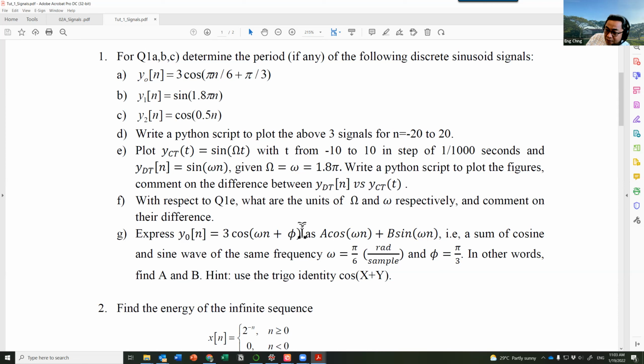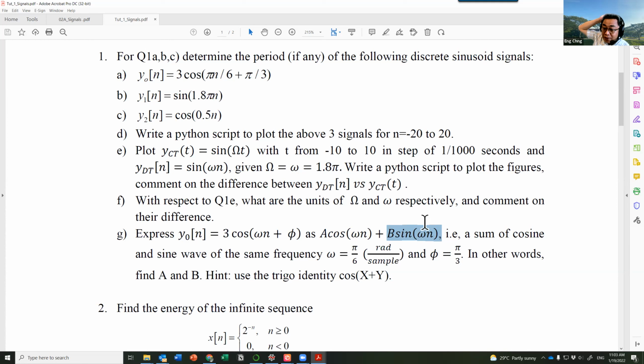What we are saying here is this. The very cool idea of this is we can express a cosine or a sine with different phase shift, different amplitude into the sum of cosine with the same frequency and the sine of the same frequency.